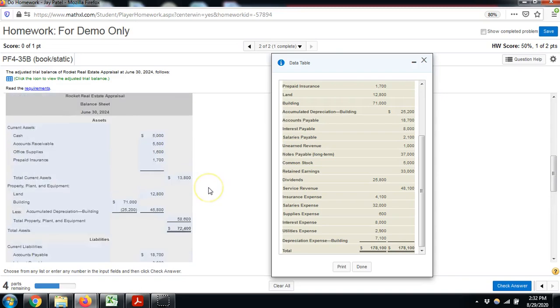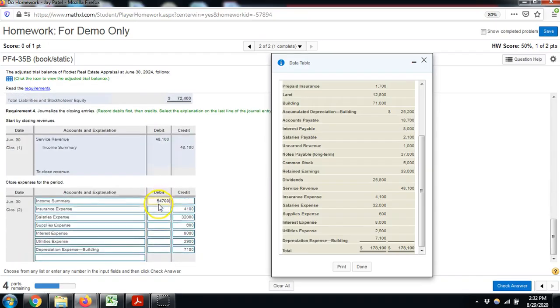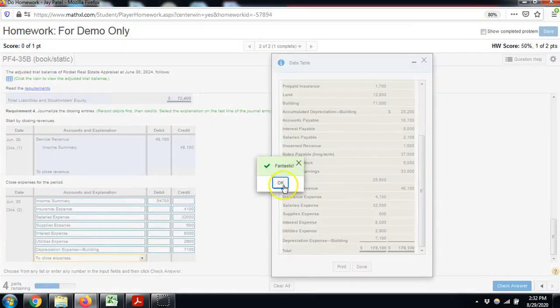And if you look back up, that's essentially our total expenses here. It's the same number. Memo. Okay.